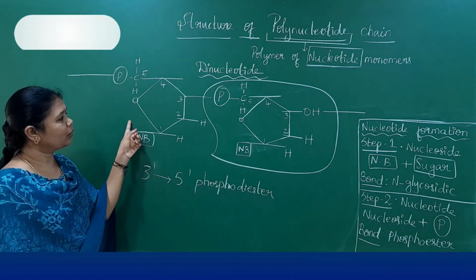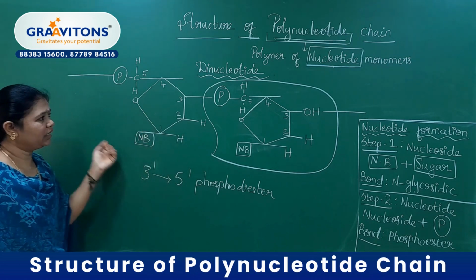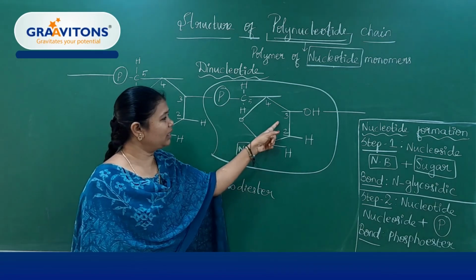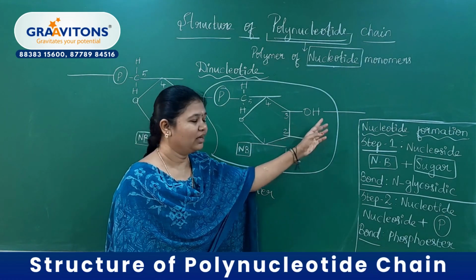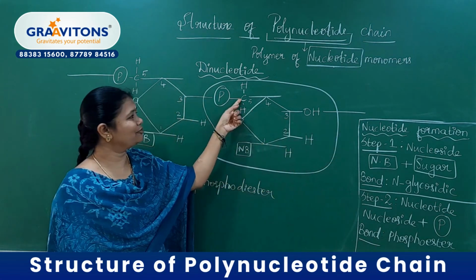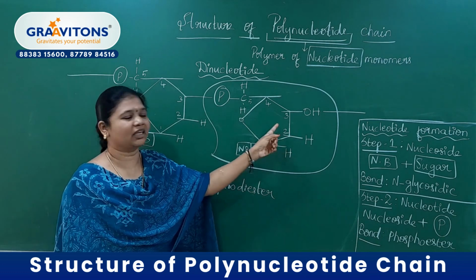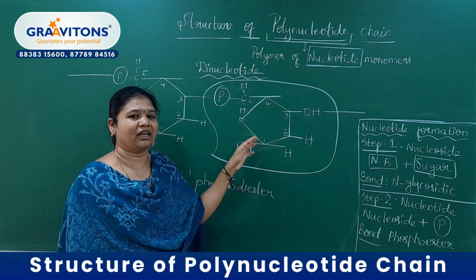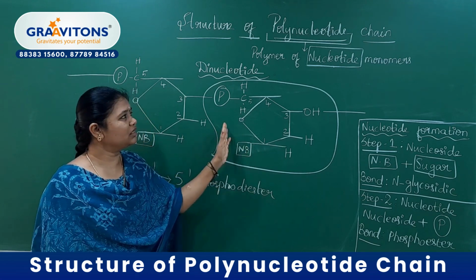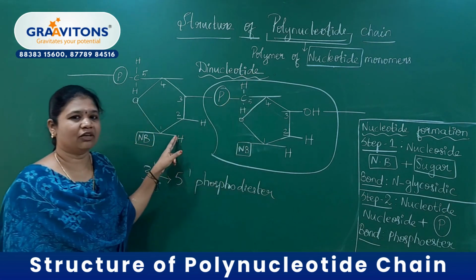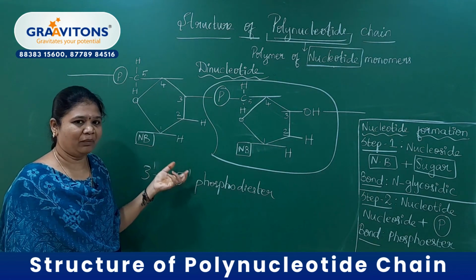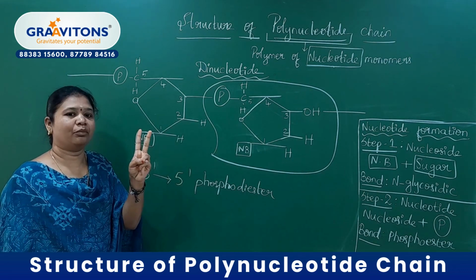Similarly, many more nucleotides will be attached. The OH at the third position attaches to the fifth carbon phosphate of the next nucleotide. In the same way the nucleotide chain gets extended. This is how a polynucleotide chain is formed. However many nucleotides you attach, there are two main important points.